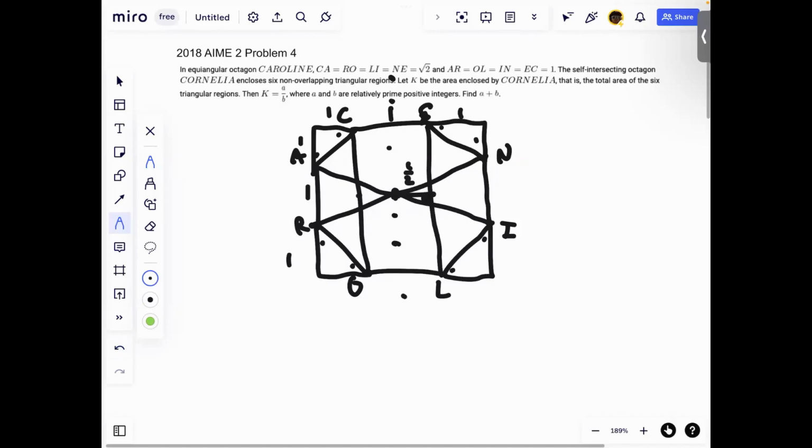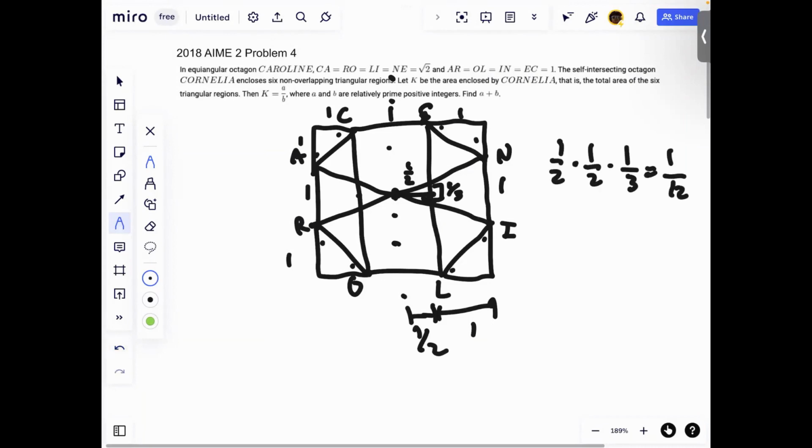If the other height is 1, then the base here has to be 1/3, since half over 1 plus half is 1/3. To find the area of the smaller triangle, we do half of half times 1/3, which is 1/12. So each of the small triangles is 1/12.